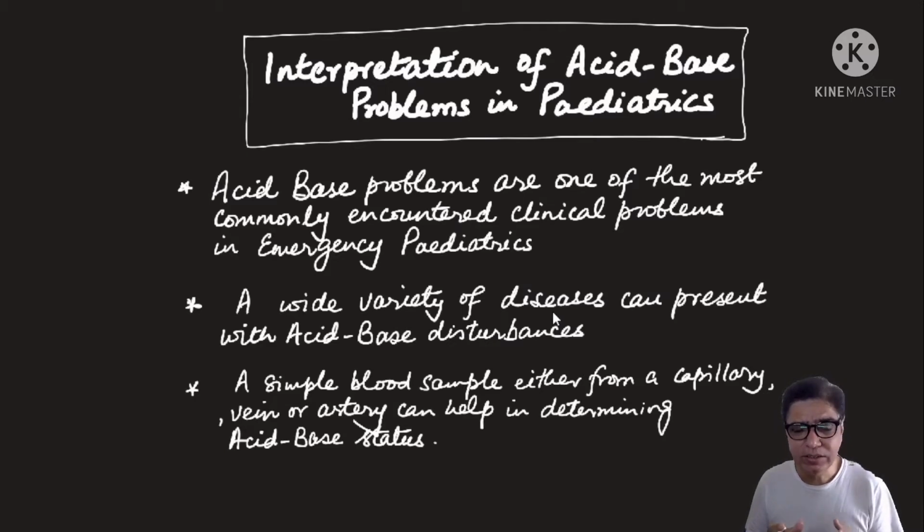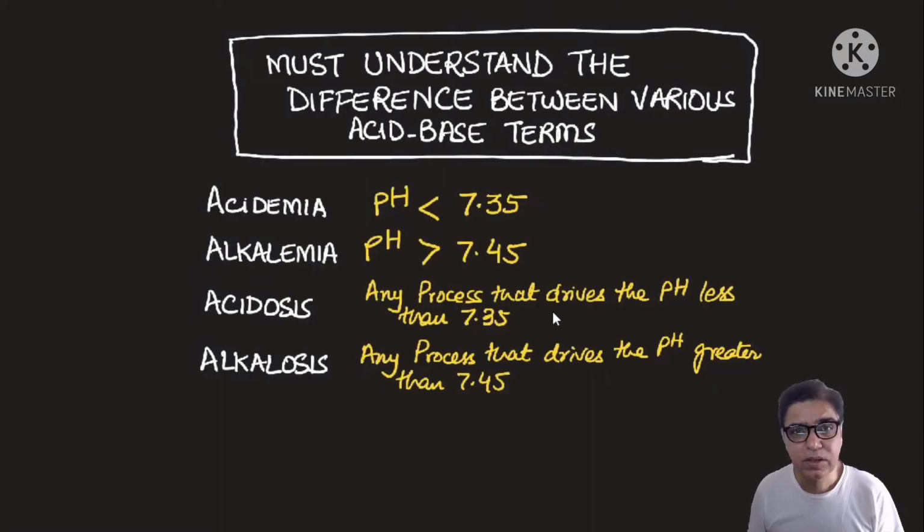Ideally, arterial blood gives you the best status of the acid-base problems in the body, but nevertheless, capillary and venous blood gas also give readings very near to the values of arterial blood gas, and they can be safely substituted for an arterial blood gas sample to make interpretations about the acid-base status.